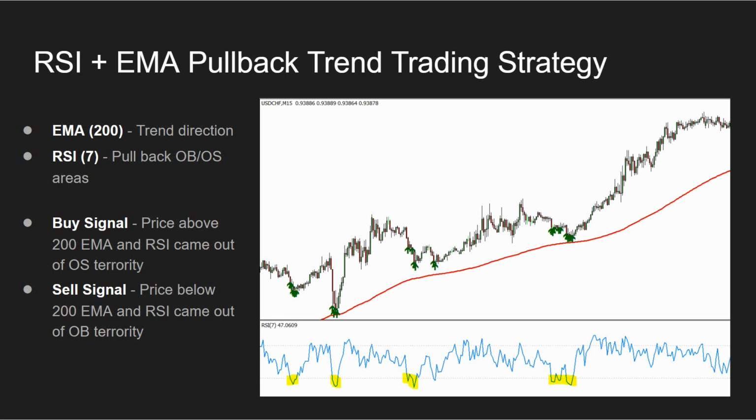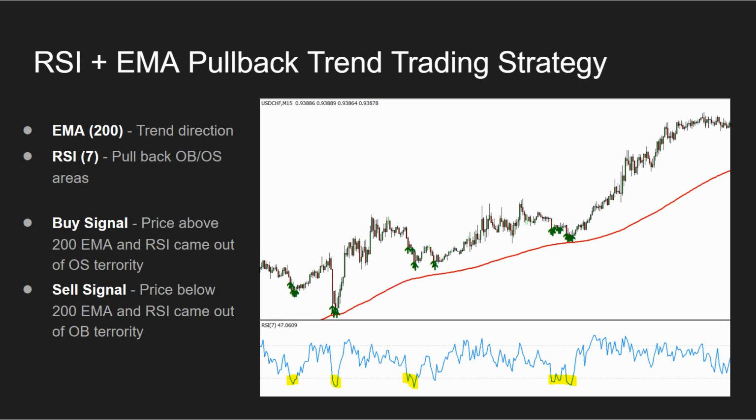So moving on now to the bulk of this video, which is the RSI EMA pullback trend trading strategy. This is a very popular trading strategy. I've seen it around on lots of forex forums and trading forums in general, and a lot of YouTubers are talking about pullback trading strategies and utilizing the RSI as a pullback method.